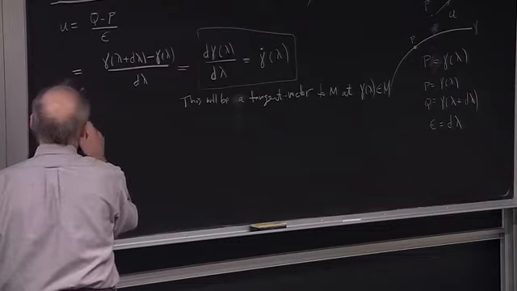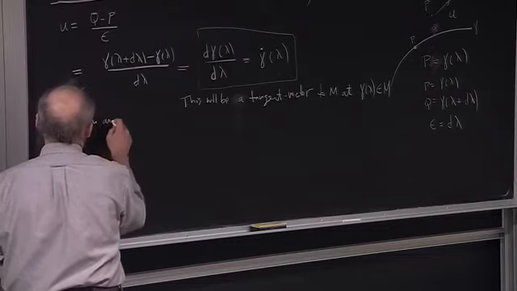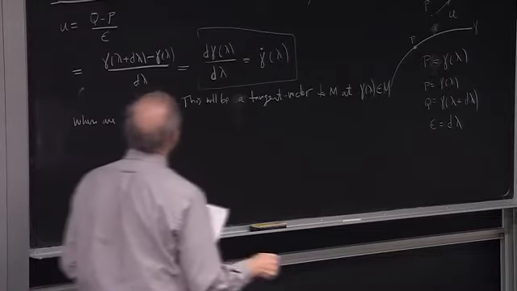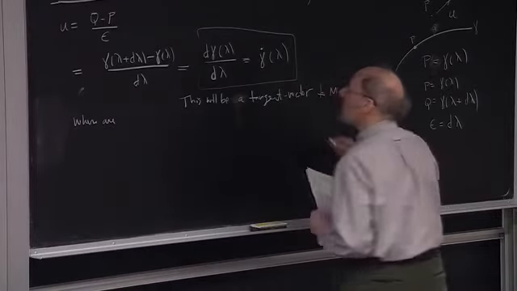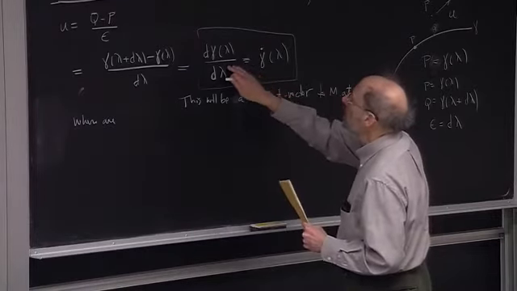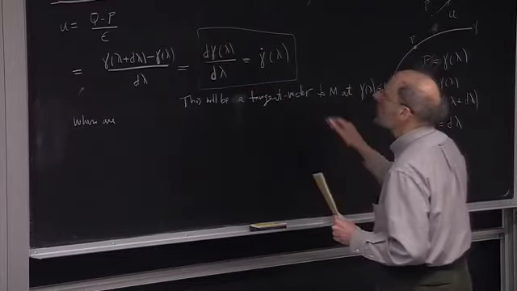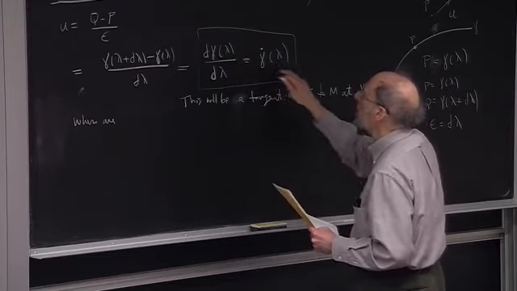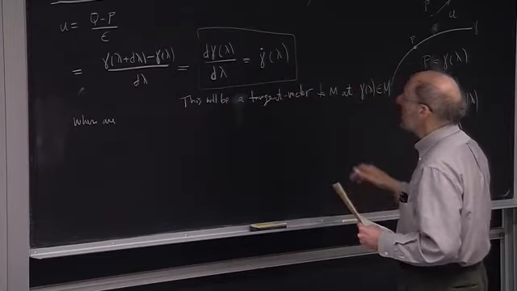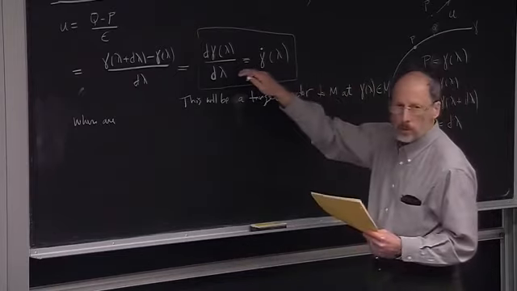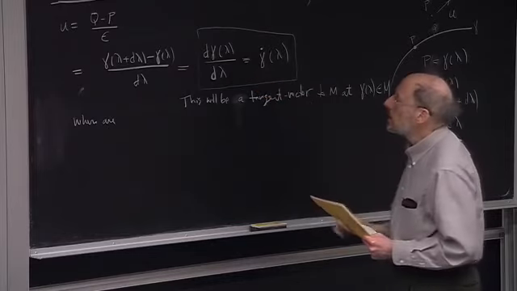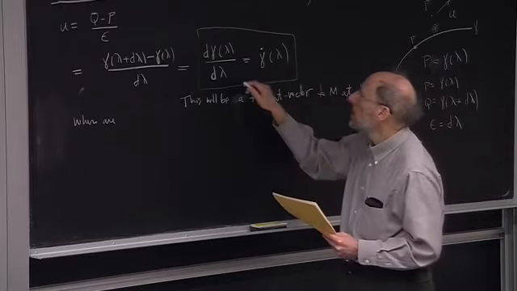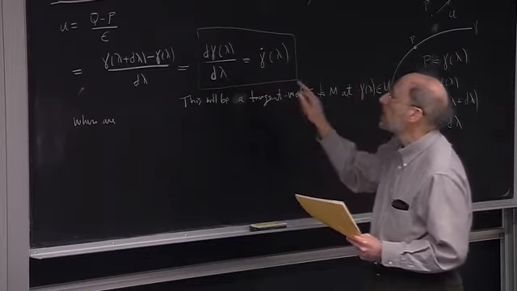What I'm going to do now is turn things around and make this a definition. Given a curve, I'm going to say for every curve there's a tangent vector, and I'm just going to give it this name. And so I'll produce all the tangent vectors from curves. I've got them all now.